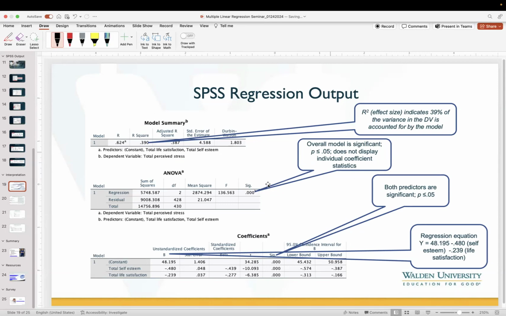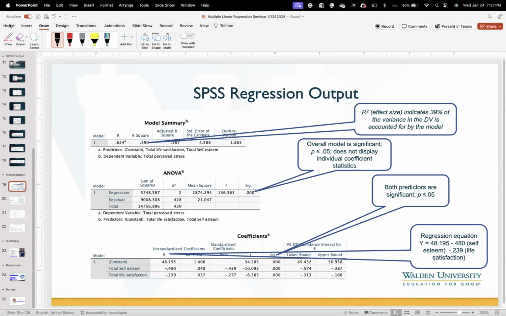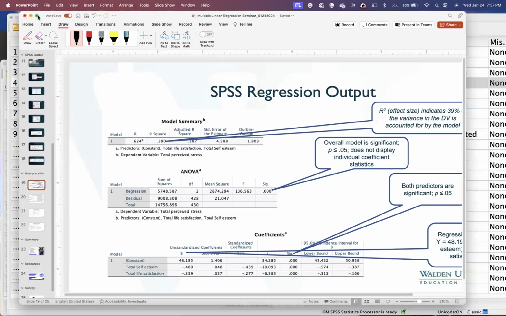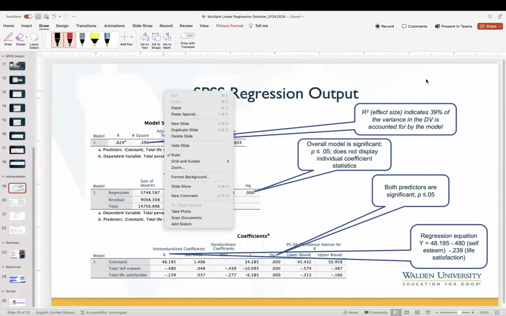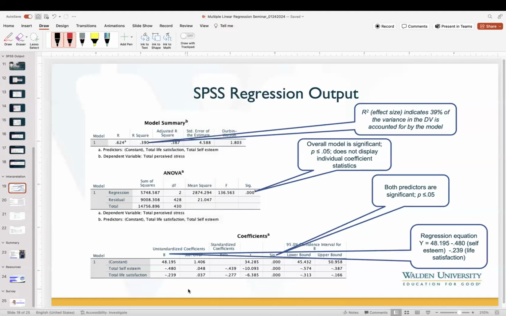So to look at that individual specificity, you're going to look into something called the coefficients table.